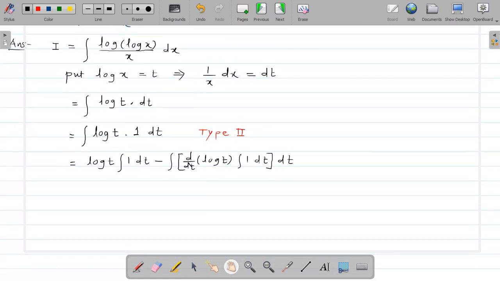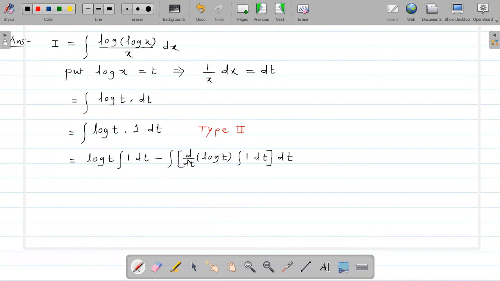So this is by using integration by parts. Now complete this. Integration of 1 with respect to t is t. So it is t into log t minus integration of, in this bracket, the derivative of log t, which is 1 upon t, into integration of 1, which is t, with respect to t.